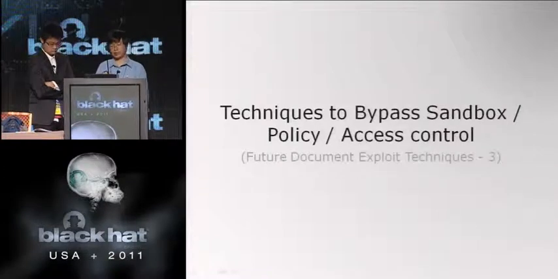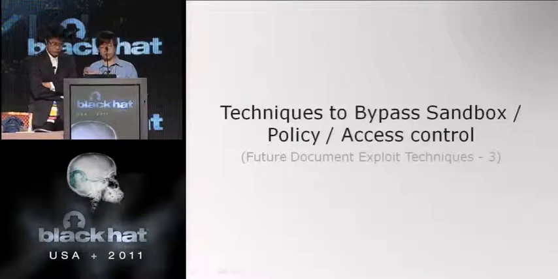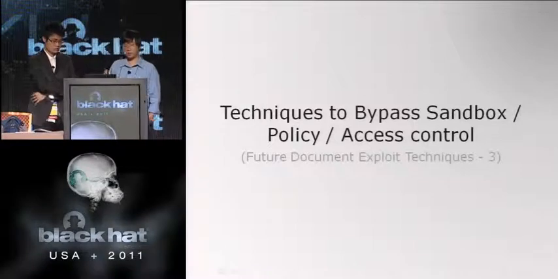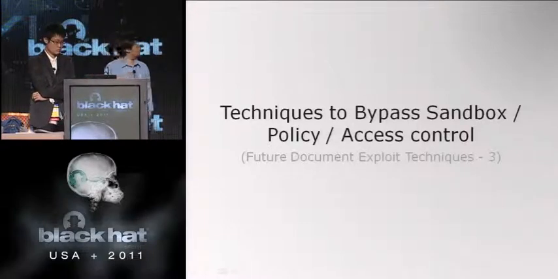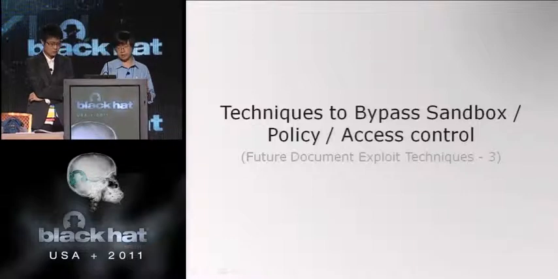Except for memory exploitation, attacks on the design of security policy and resource access control will be another topic for document exploit researchers. This is the third future document exploit technique, so attackers will focus on this now. I think a lot of research will be published recently regarding sandbox bypass or defeating sandboxes.